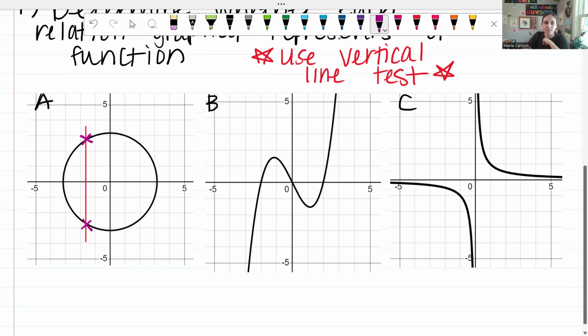So this represents one x value that has two y values. So this is not a function. It fails the vertical line test.